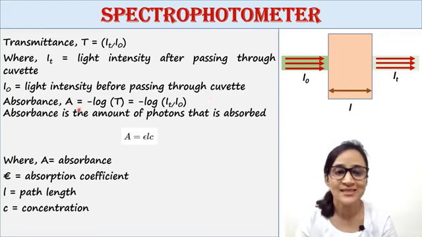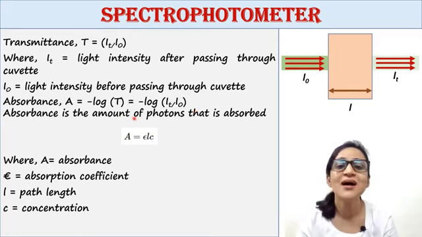And absorbance A is equal to minus log T, which is equal to minus log IT by I0. So absorbance is the amount of photons that is absorbed.